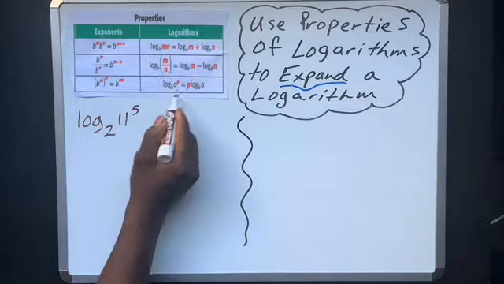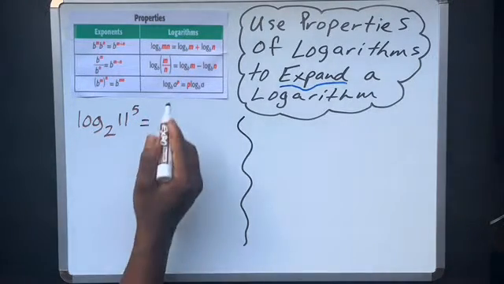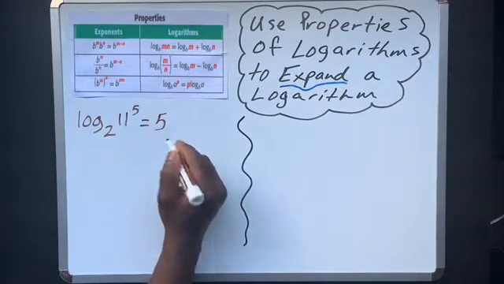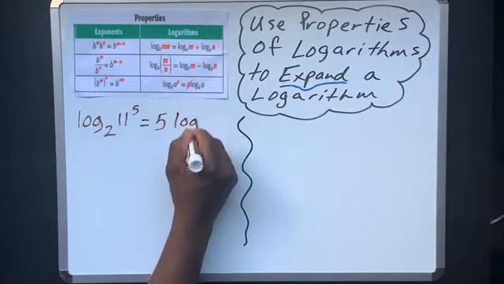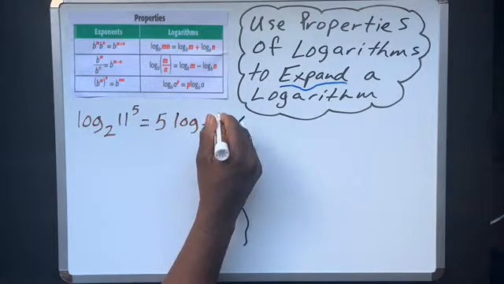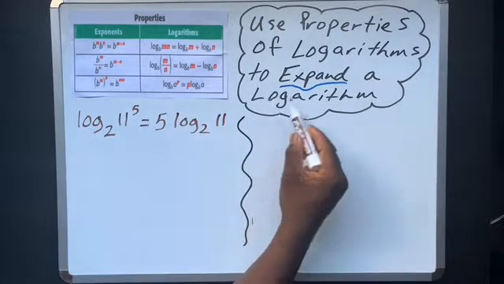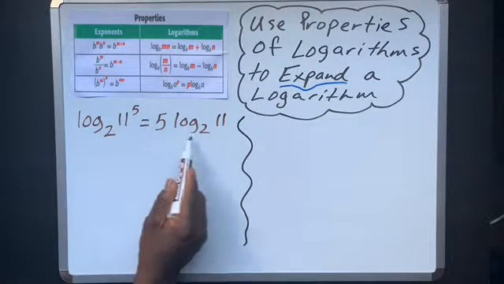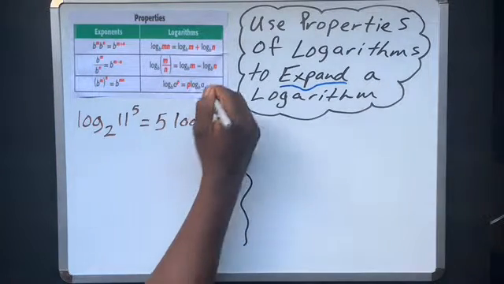Looks just like this one here. Then what you do is you take the exponent, which is 5, and multiply it by log base 2 of 11. There you go. What we're doing is expanding the logarithm. So this is a logarithm, but this is an expanded logarithm. All right, let's go ahead and check this one off.